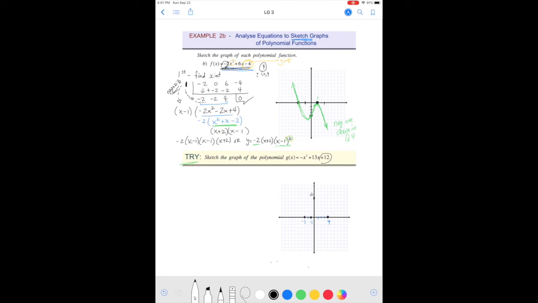So I know it's going this way through, coming back. And there it is. And that is the end of Learning Guide 3.